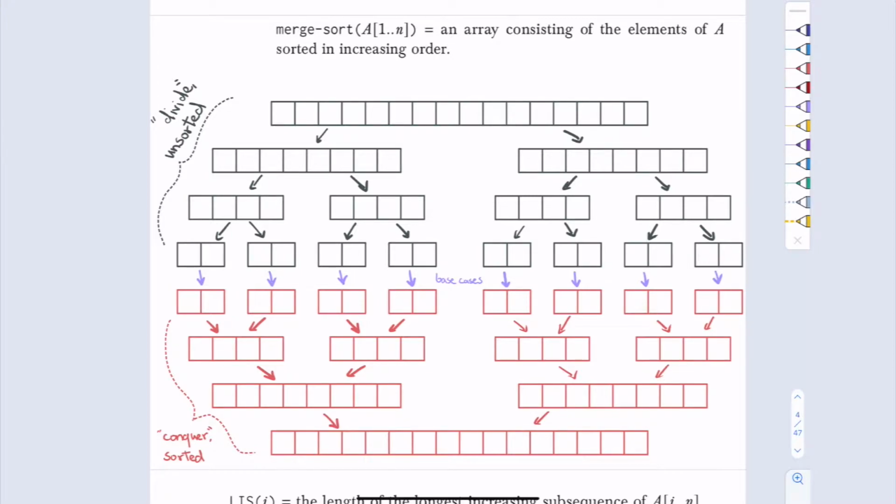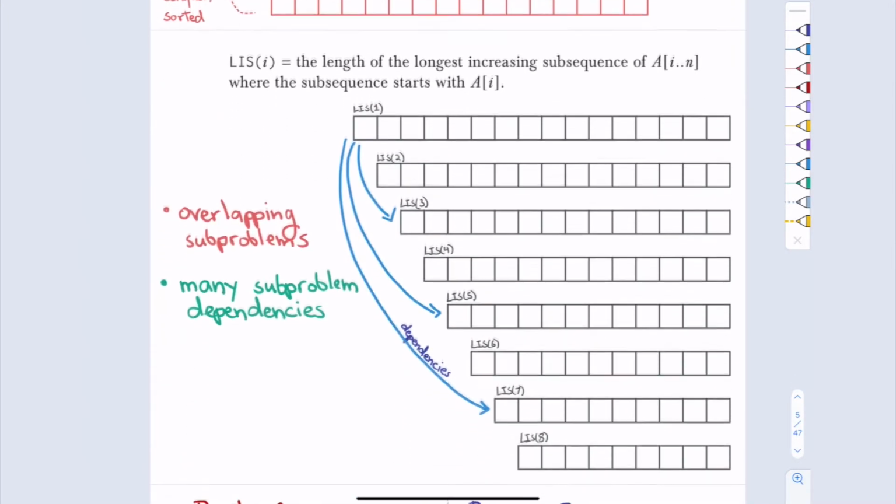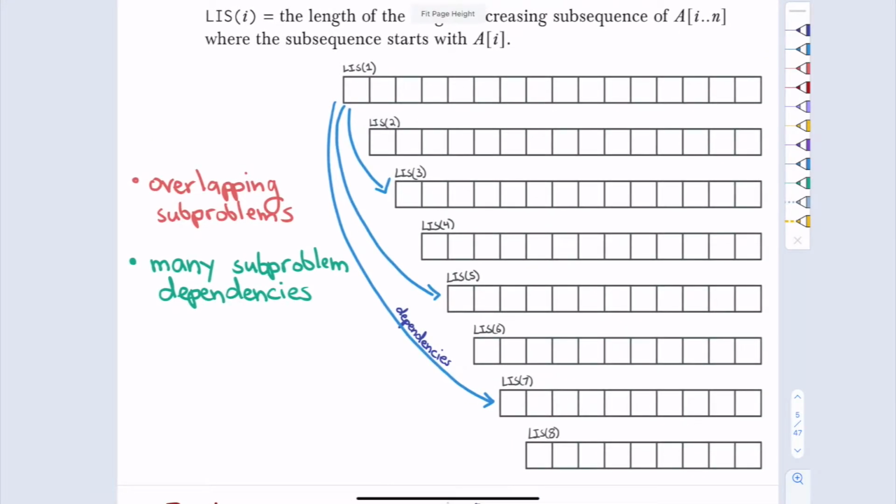By contrast, I tried to draw something analogous for longest increasing subsequence. Here I'm using a formulation where LIS of i is the longest increasing subsequence of the subarray starting at i, including a_i. Of course, there are different ways to do it, but that's the one I've chosen here. Each subproblem corresponds to a suffix of our input. I've drawn the first subproblem, second subproblem, third subproblem, as many as would fit.